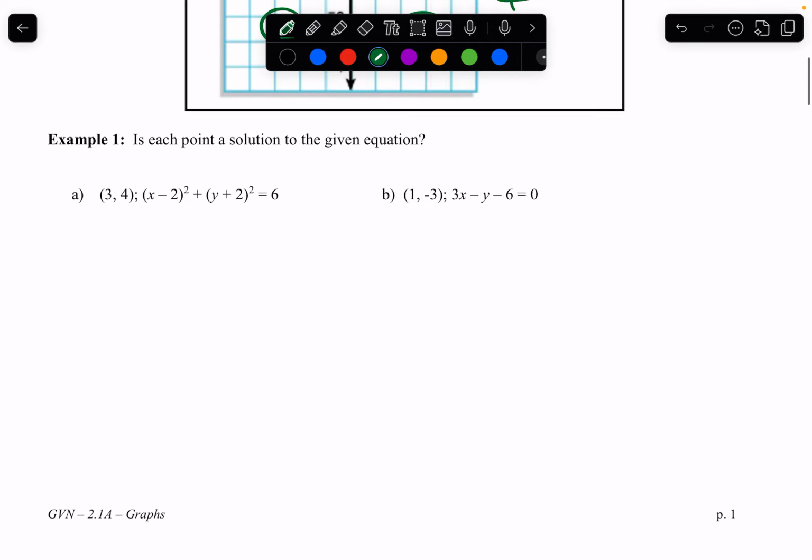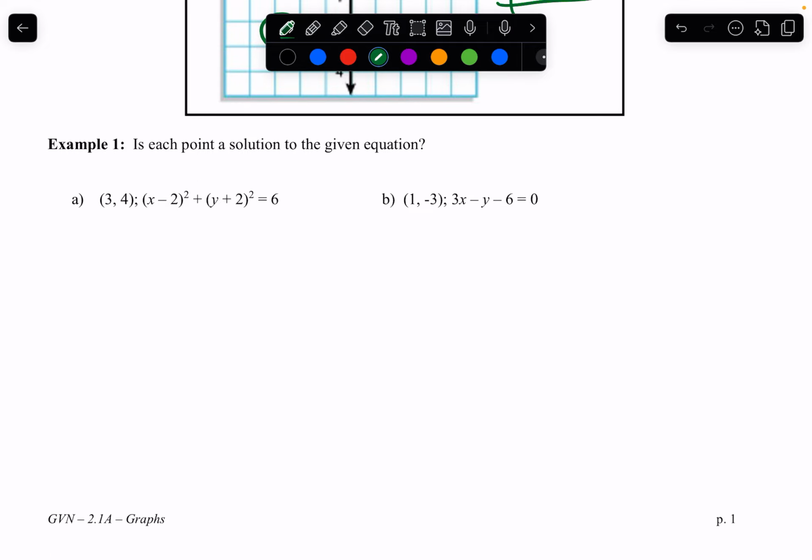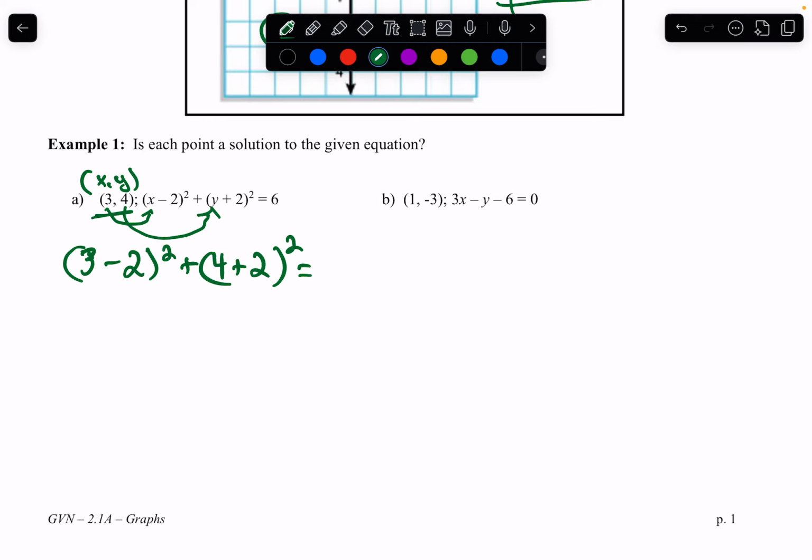Okay, let's look at example 1. Is each point a solution to the given equation? We're given a point here, which is 3, 4, and again, it's x first and then y. What we're going to do is plug in the x, where the x is in this equation, and the y, the 4, where y is. So we're rewriting it: (3 minus 2) squared plus (4 plus 2) squared equals 6.